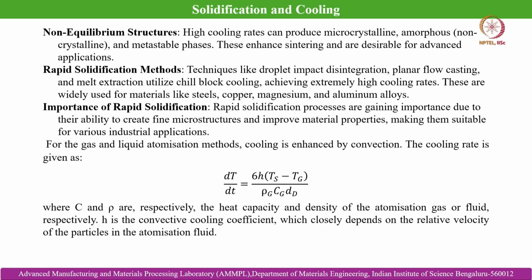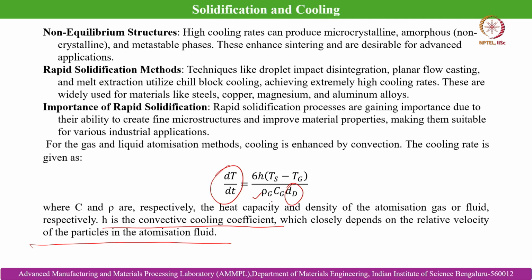So the cooling rate can be depicted as dT/dt, the time derivative of temperature, equal to 6H(Ts minus Tg) divided by rho_g Cg dd. Here dd is the droplet diameter and H is the convective cooling coefficient, which closely depends on the relative velocity of the particles in the atomization fluid, and Cg and rho_g are respectively the heat capacity and density of the atomization gas.